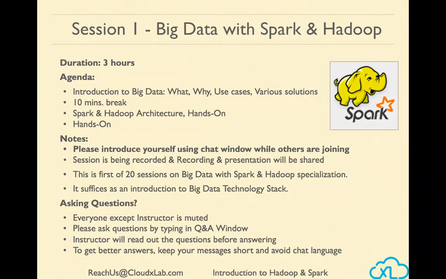Though I'll be going deep into Spark and the ecosystem in the second half, there you will learn that Spark can be used using Python, Scala, Java, SQL, or any other programming language. I'll be covering that when we talk about the ecosystem.